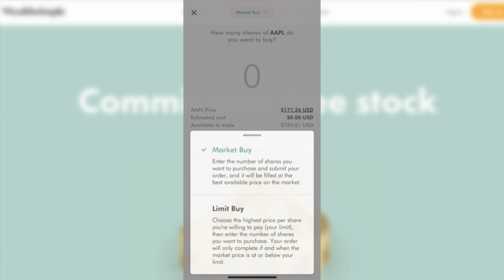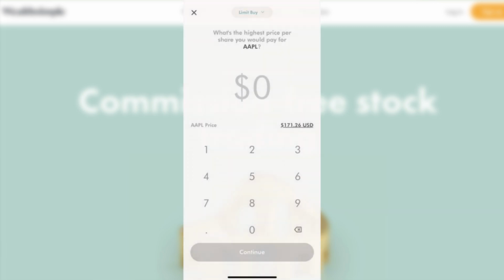So if you want to buy at $171.10, you can write that here. Click limit buy 171.10. So the order will be pending until the price dips down to this number you've entered. Then your limit order will be executed.